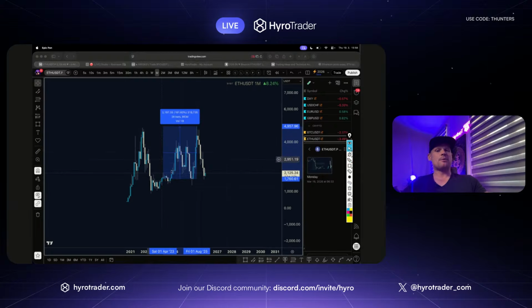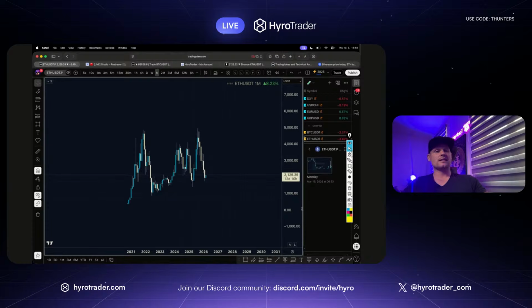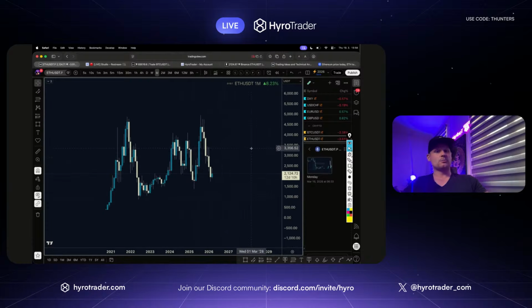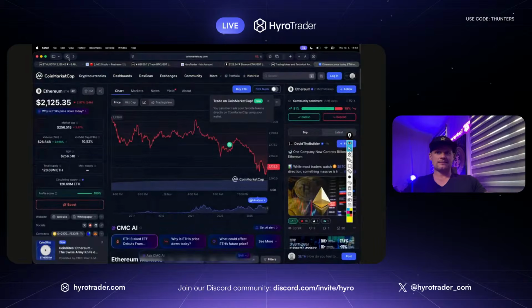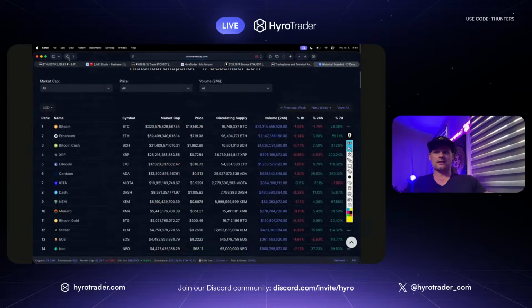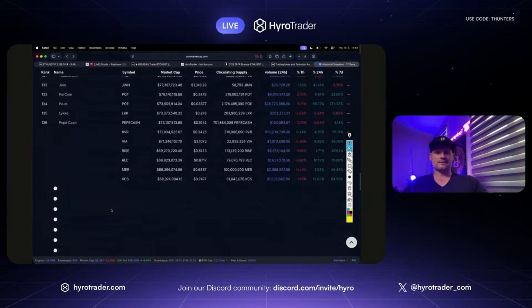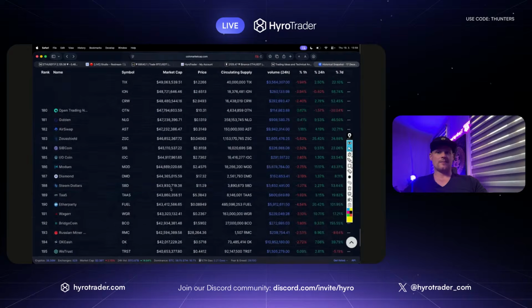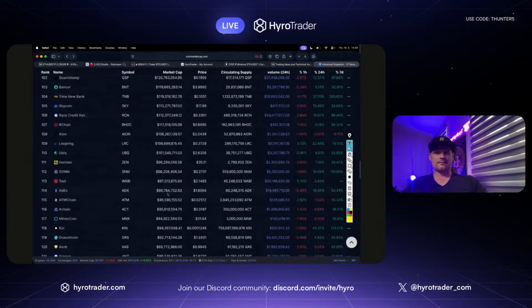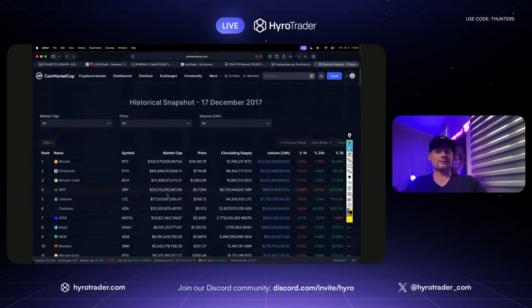There are individual pumps on the coins, which is very, very hard to predict. Why? Because back in the days, as we have seen in here, there were maybe 3,000 coins, something like that.